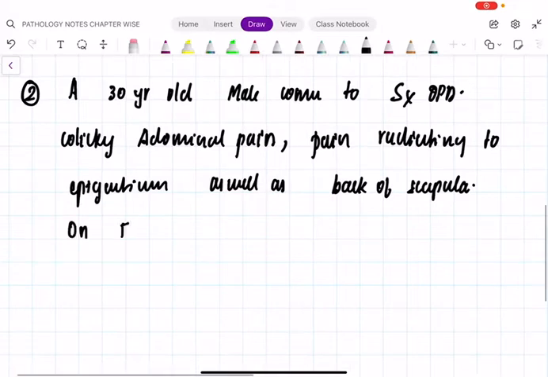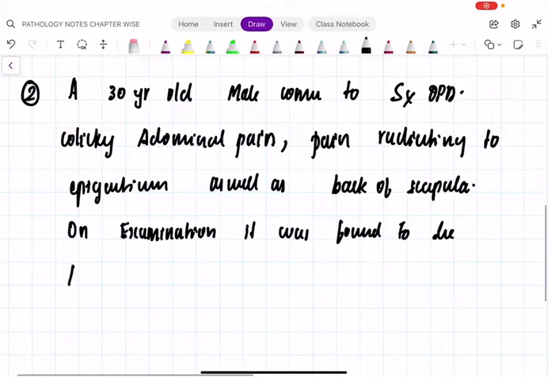On examination, it was found to be acute pancreatitis. What is the key word here?